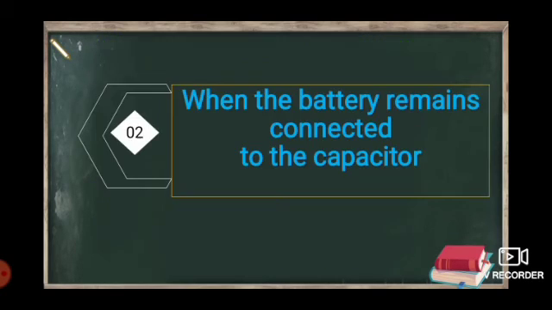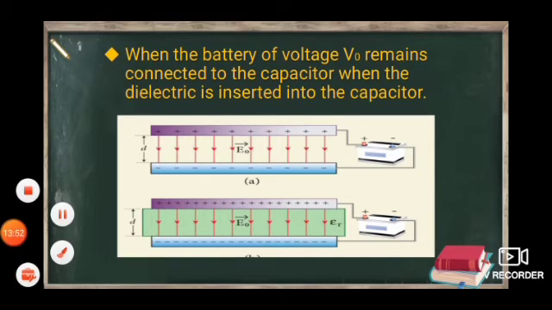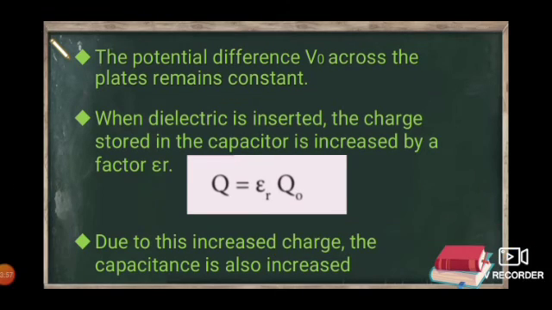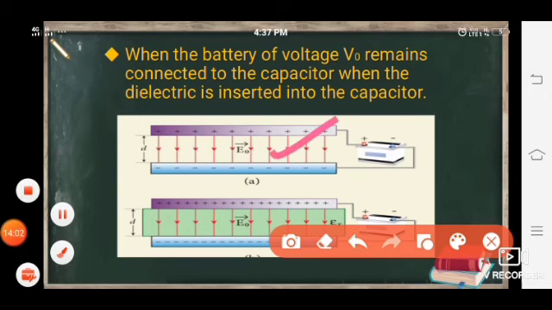Okay, students. Next, case 2: when the battery remains connected to the capacitor, how is the capacitance of the capacitor altered? For this, here is a diagram where the battery is connected and the dielectric medium is inserted between the plates of the capacitor. In the first diagram there is no dielectric medium.